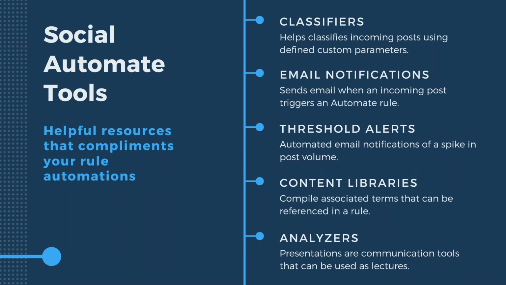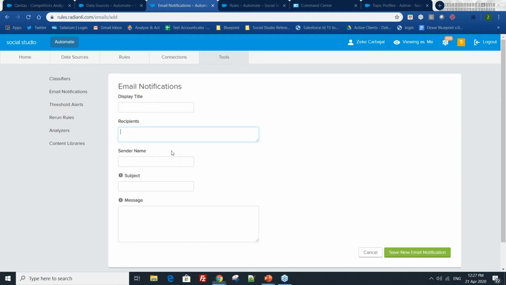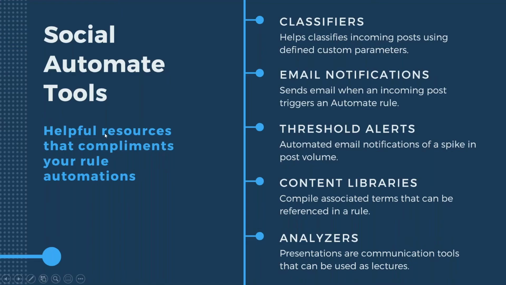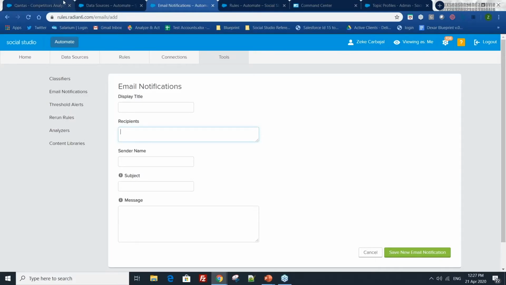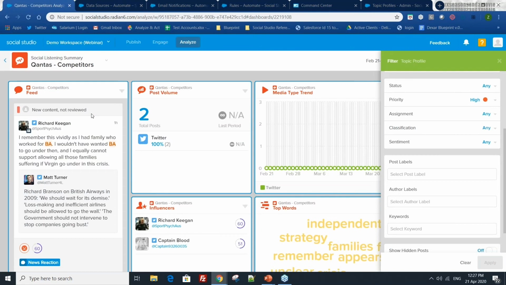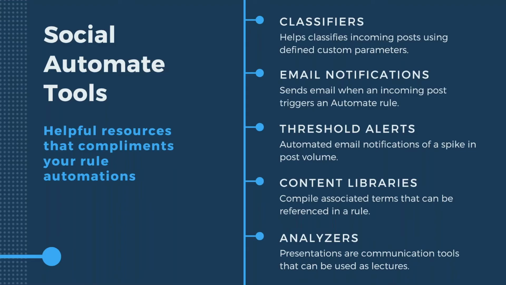Threshold alerts were previously introduced in the previous sessions. What it does is provide an automated email notification as well as a notification within Social Studio. If you have the Social Studio mobile app, it will also send you an alert there. Basically, if a certain topic profile or a certain column within Engage reaches a set volume of posts, say you normally get around 100 posts a day, and then for some reason 1,000 posts suddenly come in, that's a spike in the mentions.